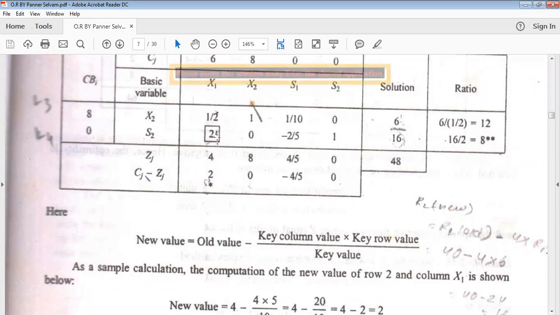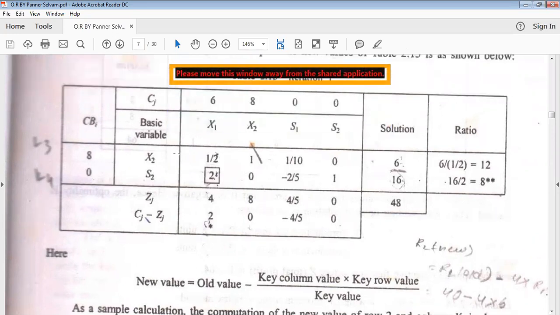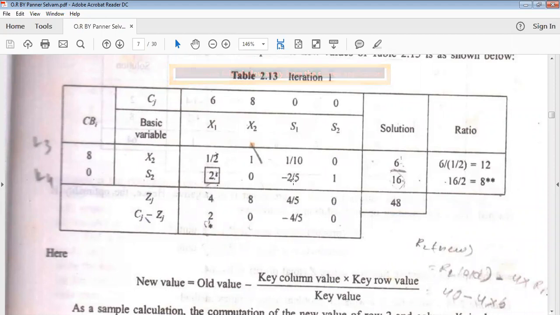While doing that, in the next iteration X1 will come and occupy S2, and S2 and 0 will go out, and X1 and 6 will come and occupy. So dividing by 2 means 2 by 2, 0 by 2, and minus 2 by 5 by 2 is 1 by 2, and 16 by 2 is 8. It will come like that.